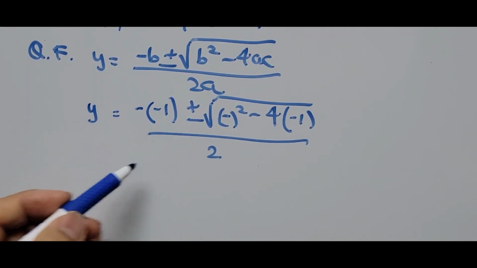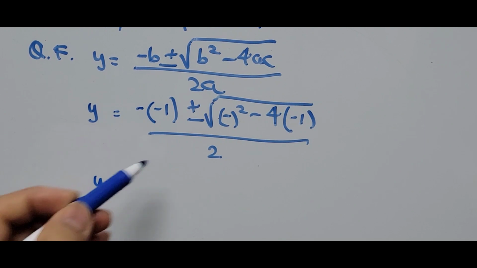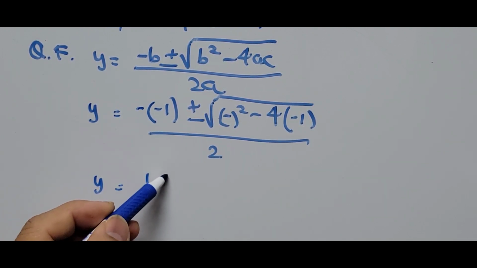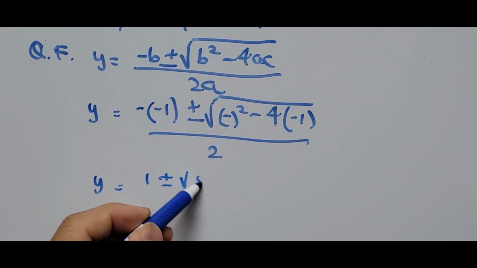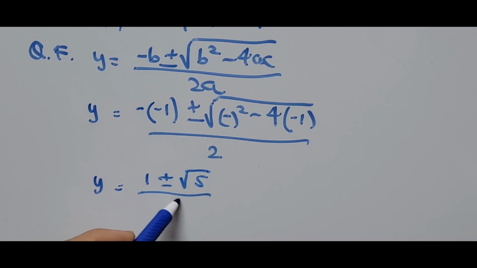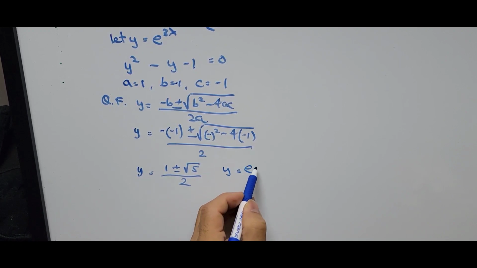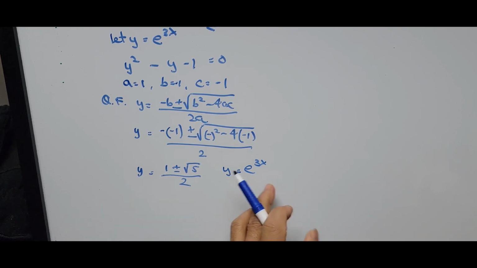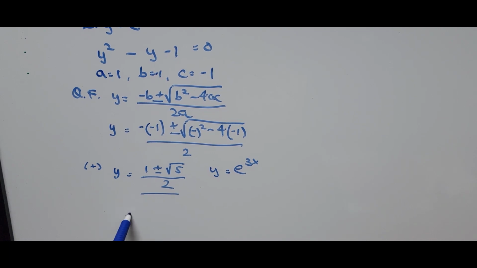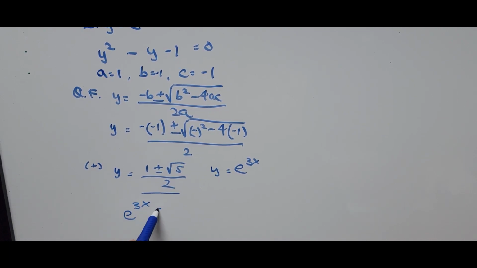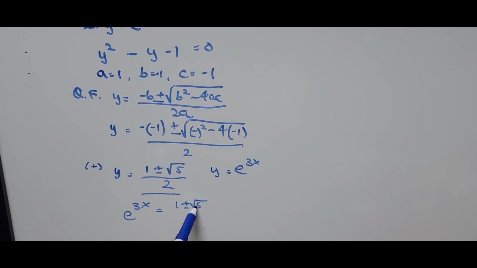Simplifying this, it will arrive at a value of 1 plus or minus the square root of 5 over 2. From here, we can recall that the value of y is equal to e to the power of 3x. So we're equating y, e to the power of 3x, to this amount right here. And so we have e to the power of 3x equals 1 plus or minus square root of 5 divided by 2.